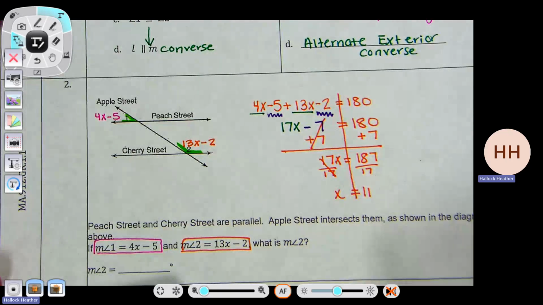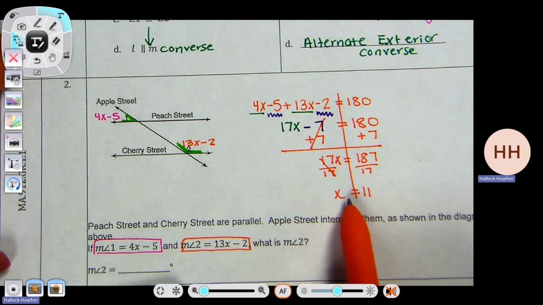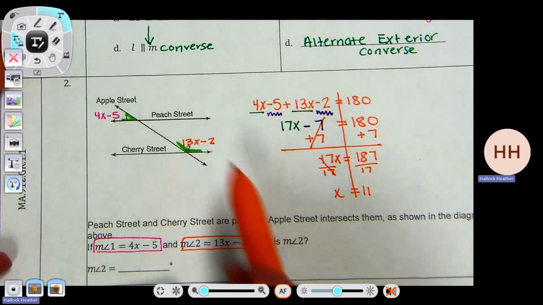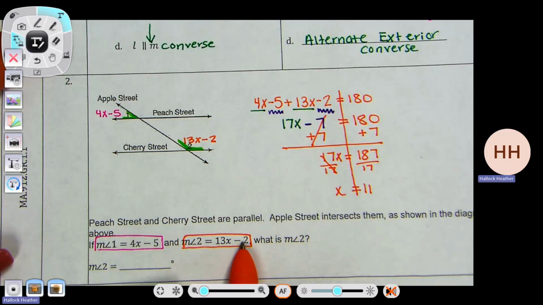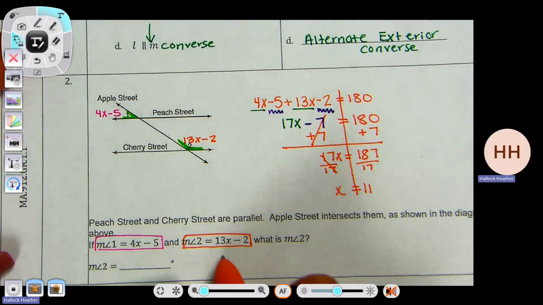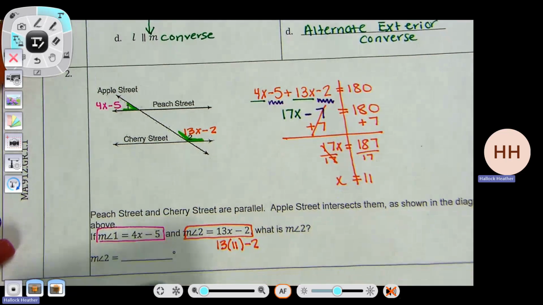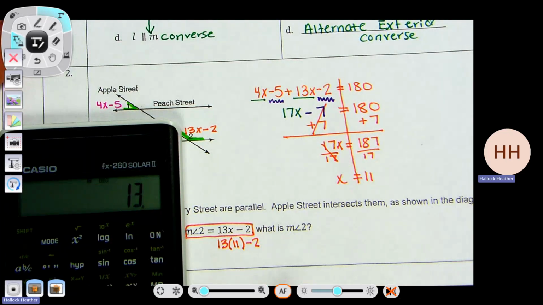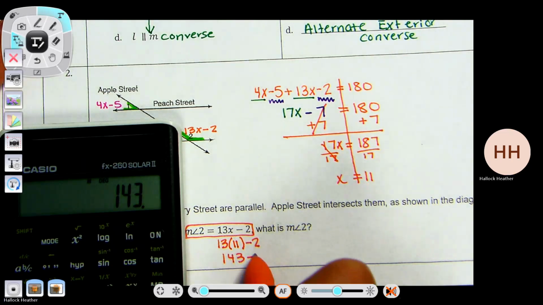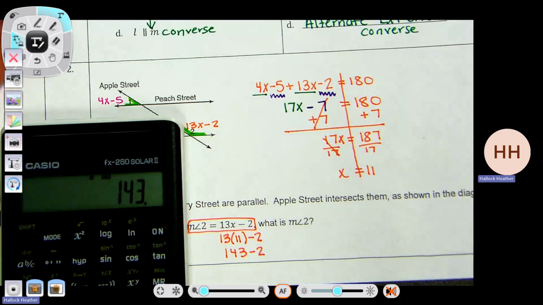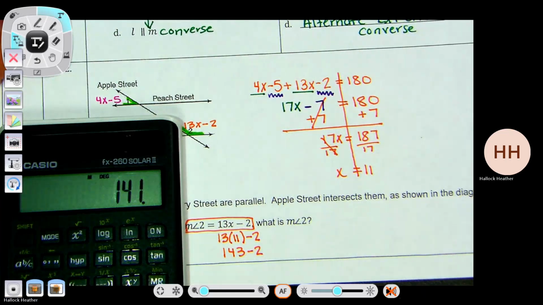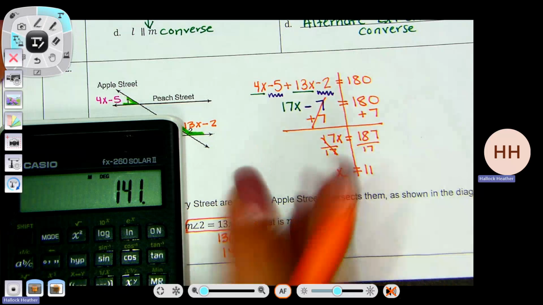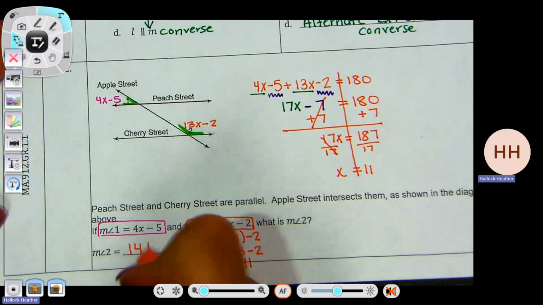Now, because it wants to know the angle measure, I have to substitute it back in. That's the value of X. I'm going to plug it back in to find angle 2. Angle 2 is 13x minus 2. I'm substituting 11 in. So I'm doing 13 times 11 minus 2. 13 times 11 is 143. And then I minus 2 from it. So 141. The measure of angle 2 is 141 degrees.